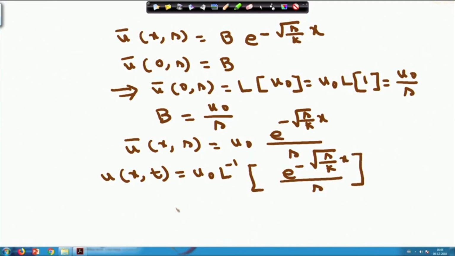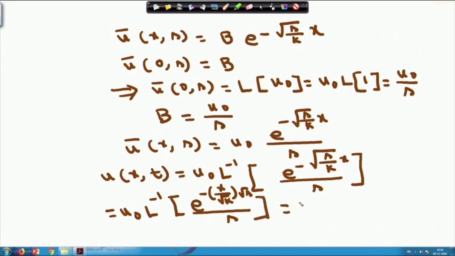And this equals, if you simplify it, u naught into the Laplace inverse of e power minus x by root k into root s, divided by s.